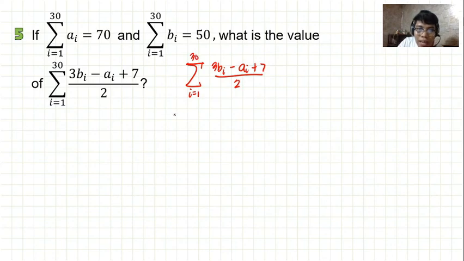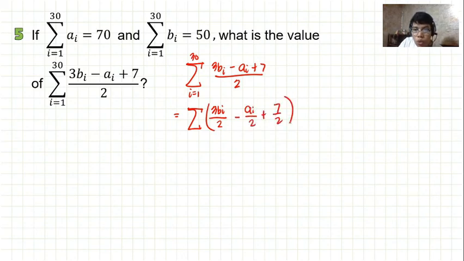Now take note, I can separate these terms here. Okay, I will just copy the numerator all over the denominator, then separate by the given operation carrying the denominator. So we have summation of 3b sub I all over 2 minus a sub I all over 2 plus 7 over 2.